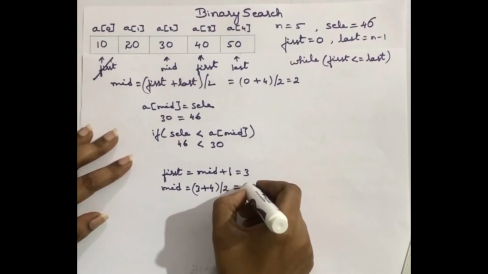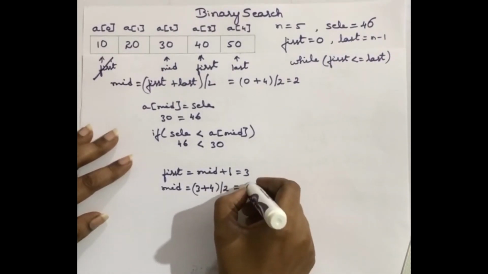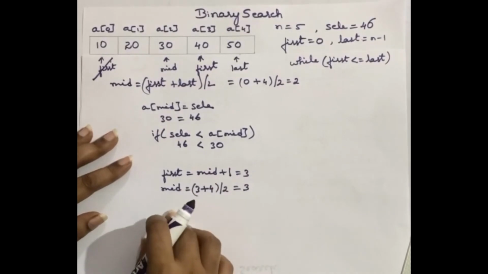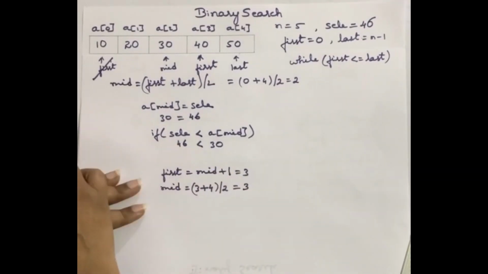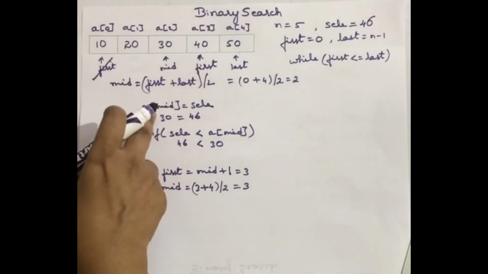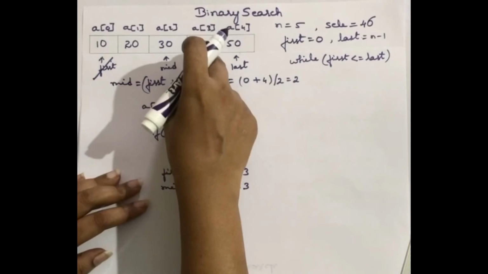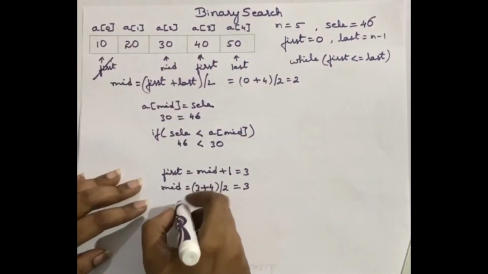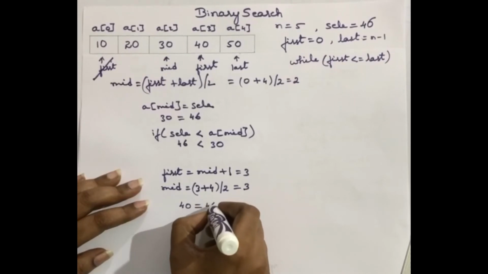Mid equal to 3 plus 4 by 2 is 3. I am considering the integer value. Mid equal to 3. Again I will check whether A of mid is equal to the search element. A of mid is 40. I will check whether 40 is equal to 46.